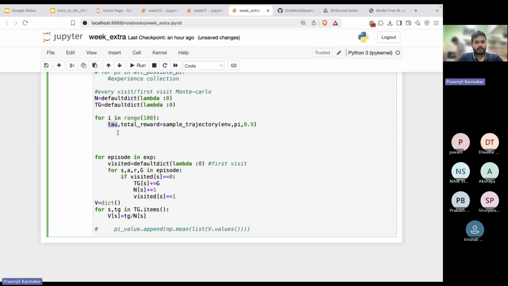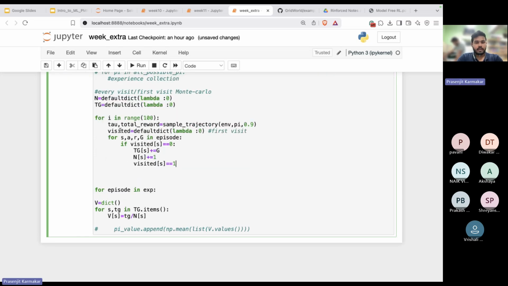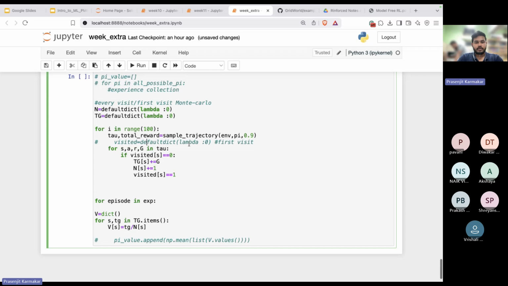Now for this tau, right? Yeah, this loop would be going inside. And this tau is basically the trajectory, right? And let's just do every visit first. So you are visiting every state. So this entire part is not required.